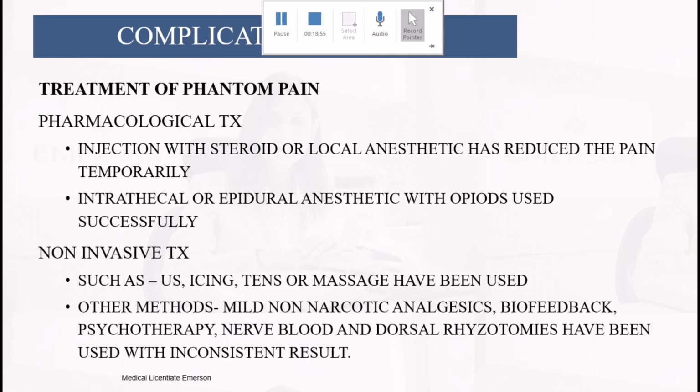For non-invasive methods, ultrasound, icing, TENS, and massage have also been used. The other methods include mild non-narcotic analgesics, biofeedback, psychotherapy, nerve blocks and also rhizotomies, but they have shown inconsistent results.